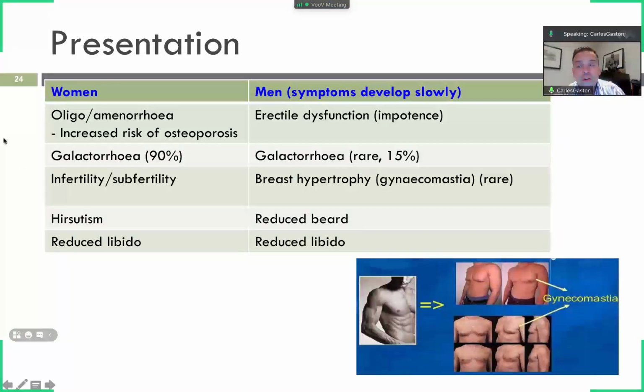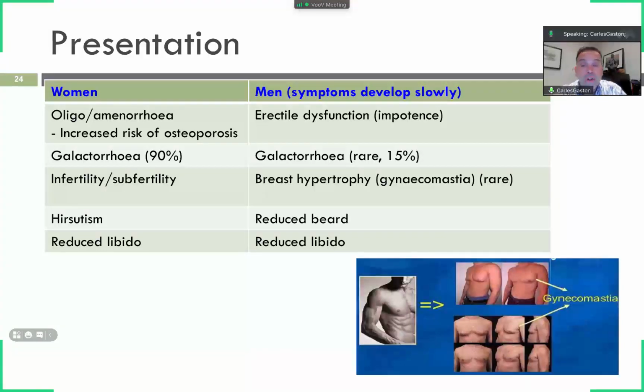Also, it leads to hirsutism. Do you guys know what hirsutism is? This is growth of facial hair like men. So women who have increased prolactin may have ectopic hair. You can look this up also.